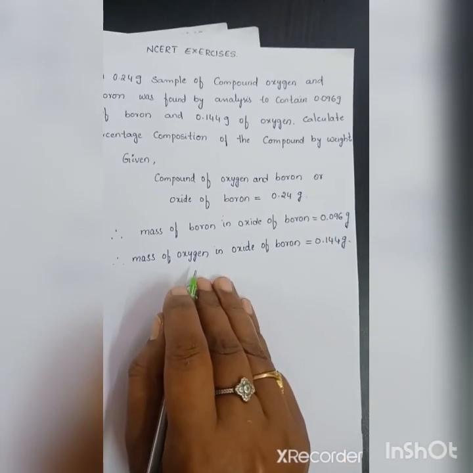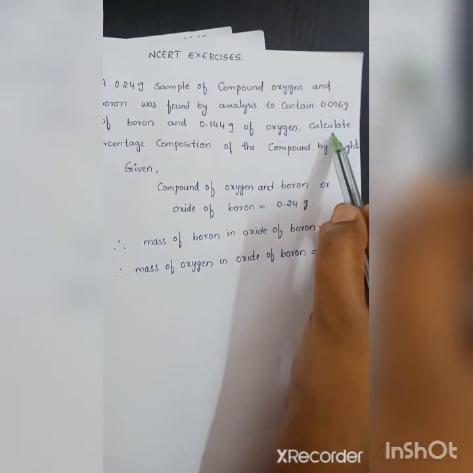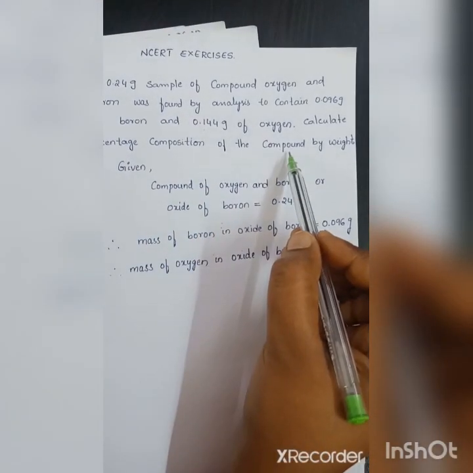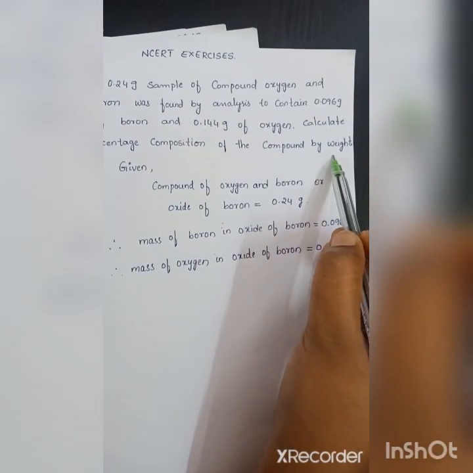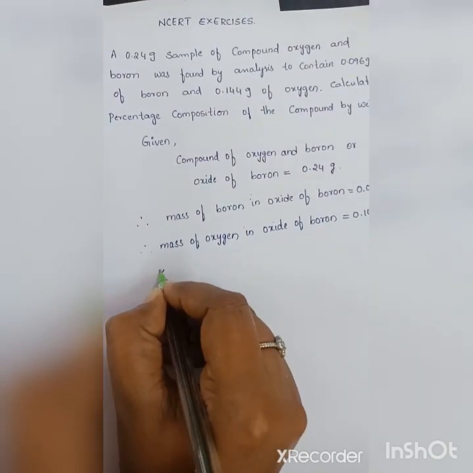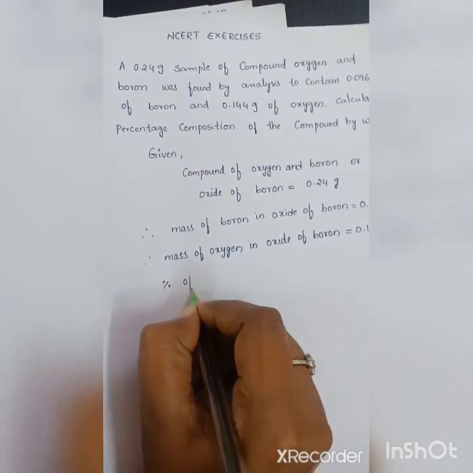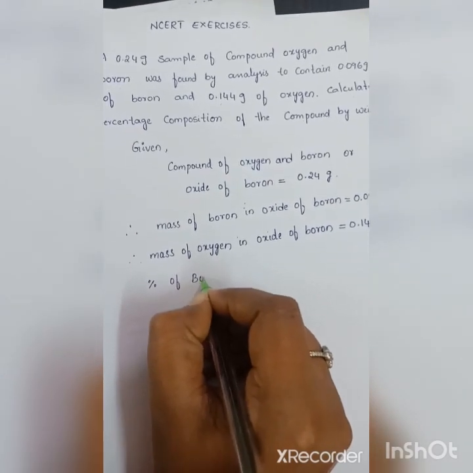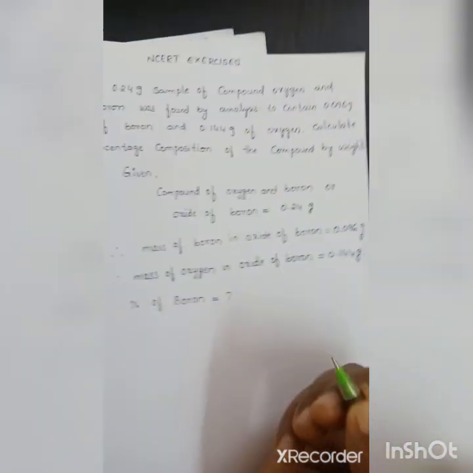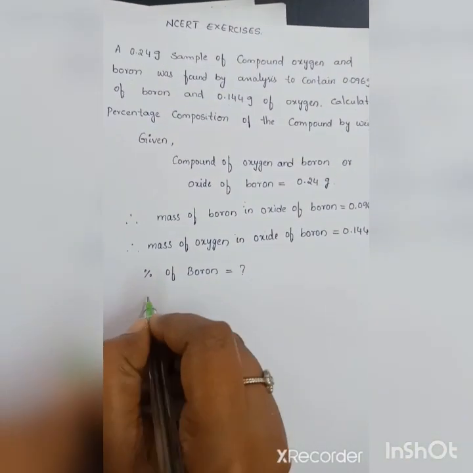Now, this is the information that is given in the question. Now, what do we need to calculate? We need to calculate the percentage composition of the compound by its weight. So, what we need to calculate is the percentage of boron in the compound, that is oxide of boron.